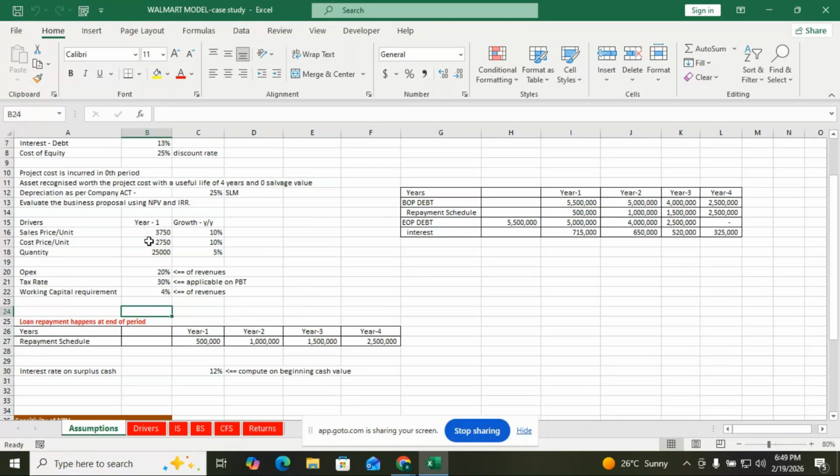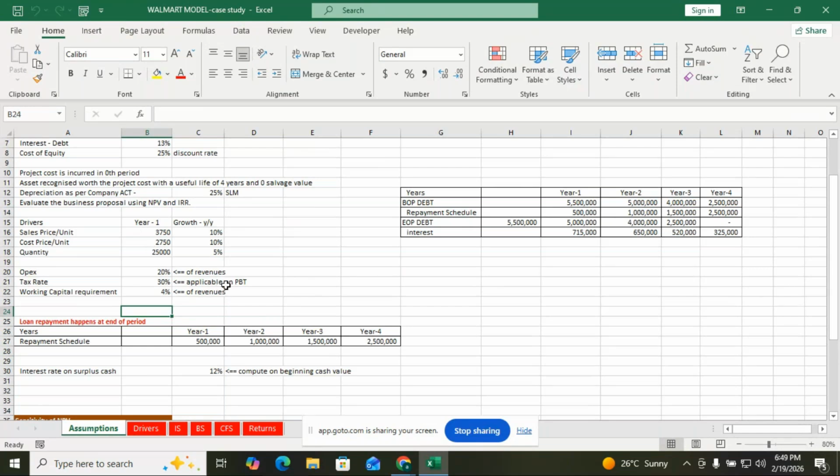That's the startup year, and the cost price per unit is 2,750. The total quantity is 25,000, which means for the entire year, the total volume sold is 25,000.